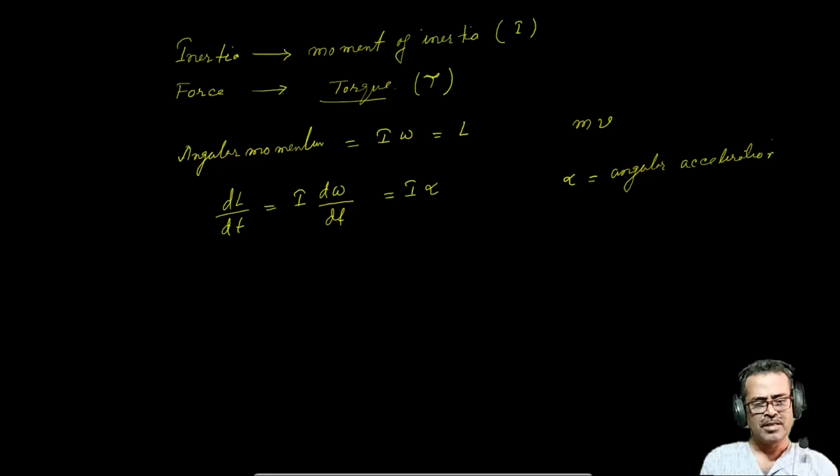We know that tangential velocity Vt is equal to omega cross r. If this tangential velocity changes its magnitude, that is dVt dt is equal to d omega dt cross r.